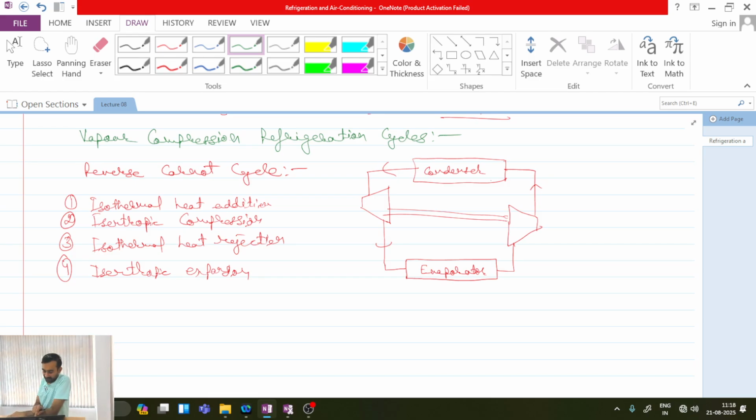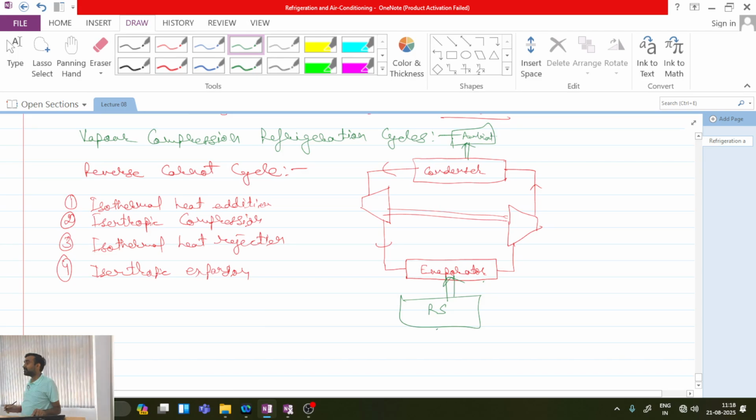Whereas in this case, particularly the bottom heat exchanger, because here also it is gaining heat from the refrigerated space, and here it is giving heat to the ambient. Okay, so from refrigerated space, whenever it is taking heat, my working fluid is changing its phase from liquid to vapor.